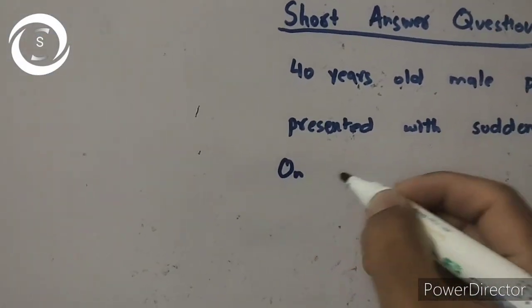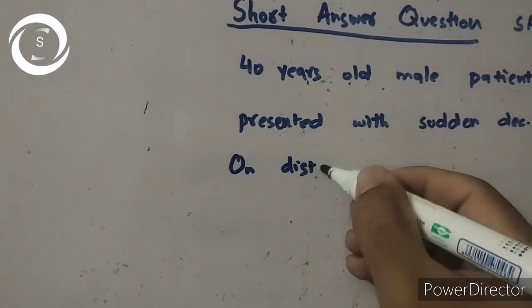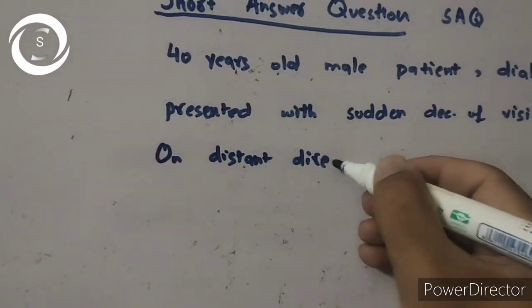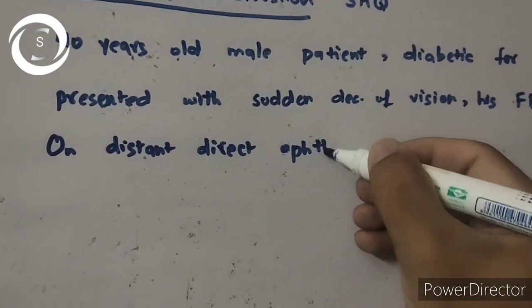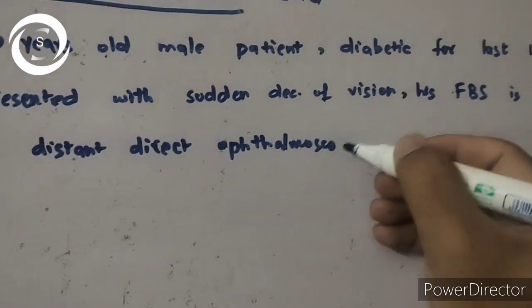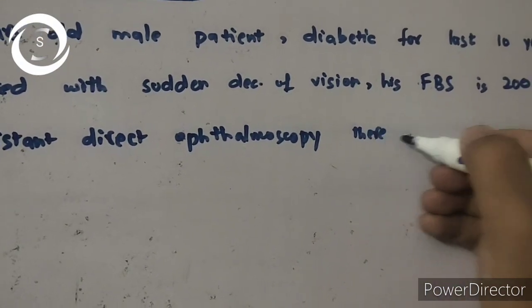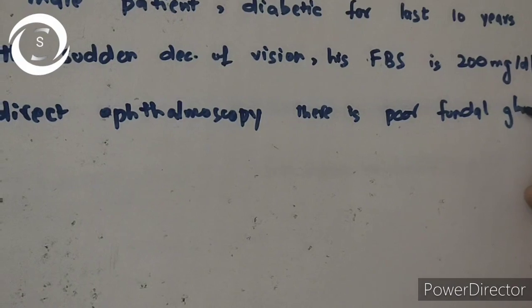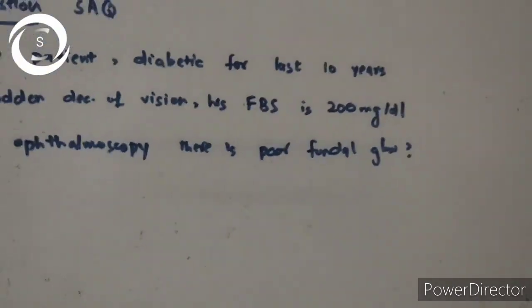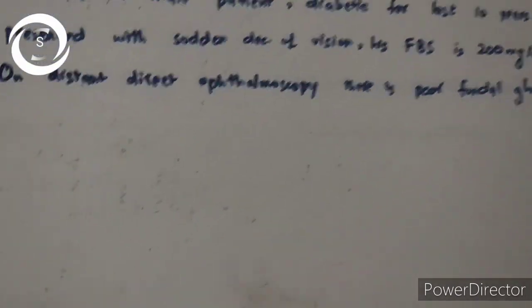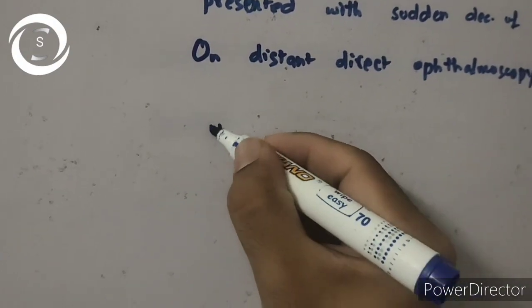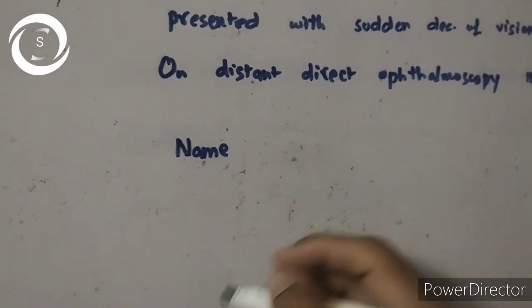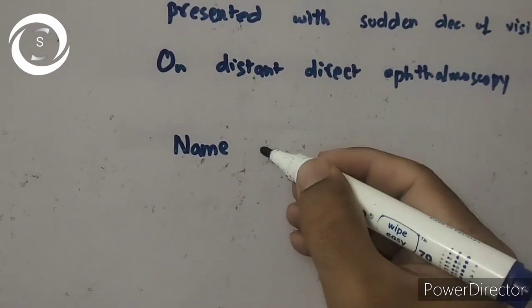As he came to the ophthalmologist with a sudden decrease of vision, you perform direct ophthalmoscopy and there is a poor glow. So now the scenario is in front of you, and in your mind you will make a differential diagnosis of what can be the cause of decrease of vision.